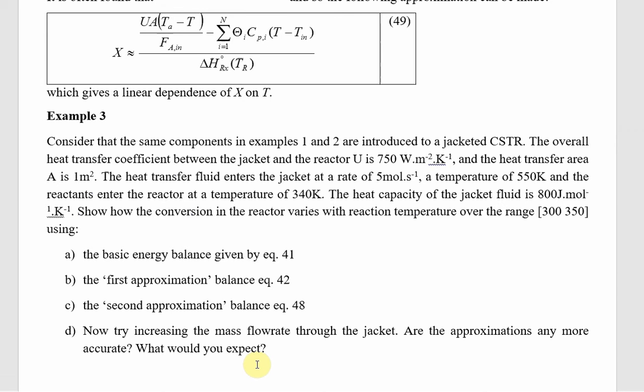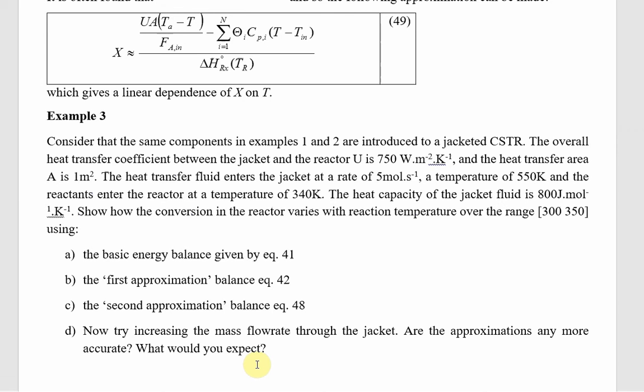It's just 1 square meter here, and we are given the molar flow rates and the temperatures and so on. And then also the additional information that we do need is the heat capacity of the jacket fluid. So that's the new thing. We've got a heat exchanger, and that's pumping through some heat exchange fluid, and that has its own heat capacity. That's a different component now.